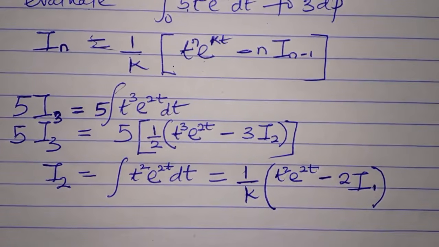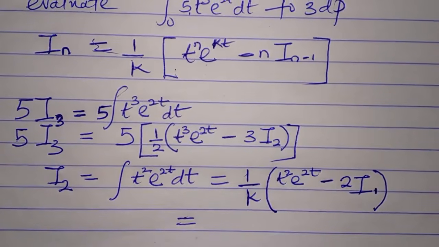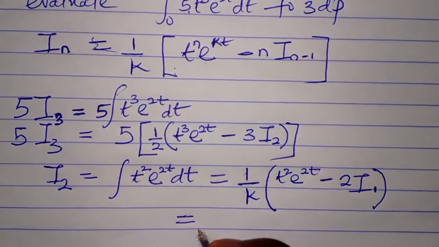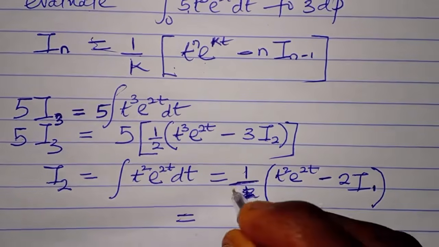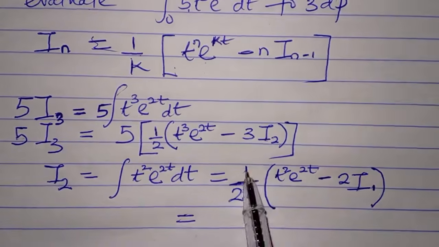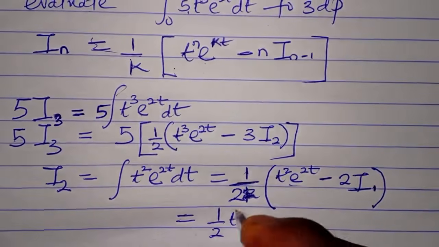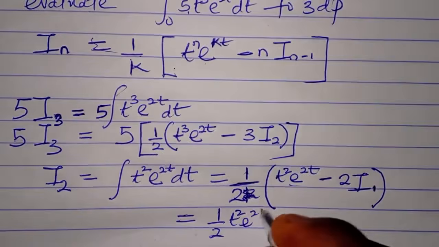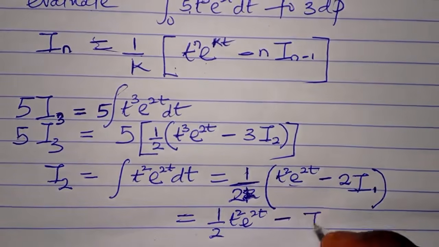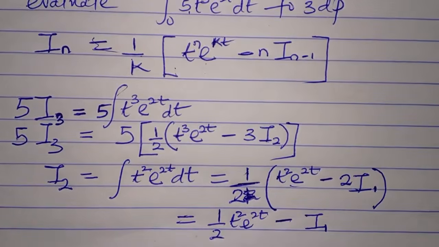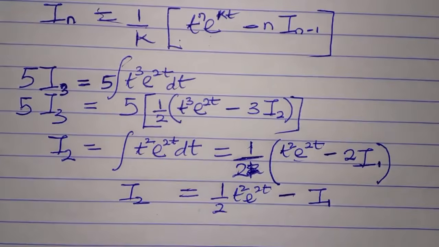I1, I think we should be simplifying this so that it is easy for us later. k is 2. I'm supposed to write 2. So if I use 1 over 2 to multiply this bracket, I will have 1 over 2 t squared e to the power of 2t minus 1 over 2 times this, which will give me I1. So this one is I2. Now what is I1?